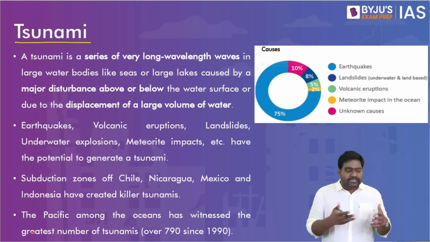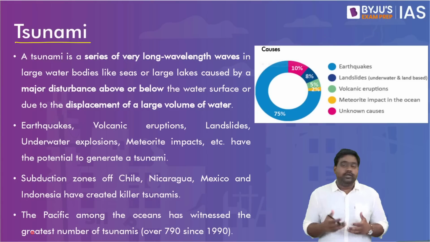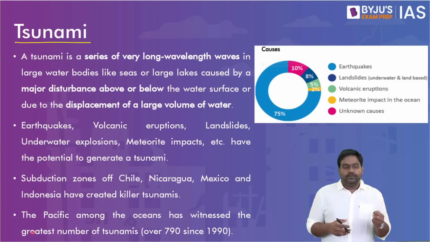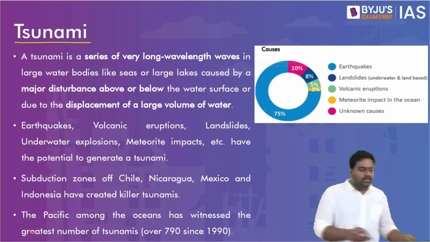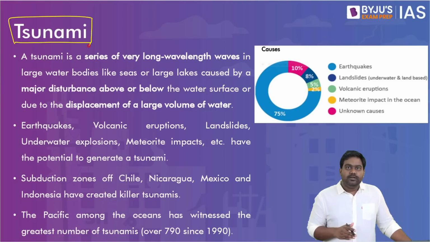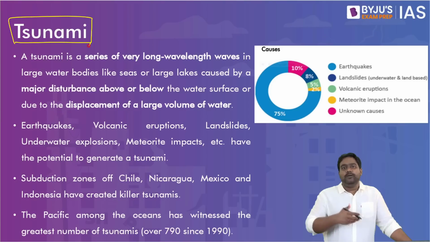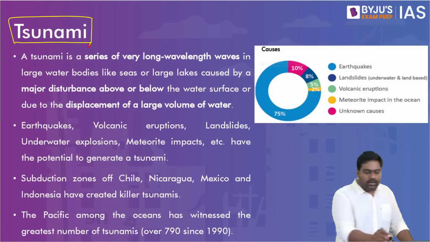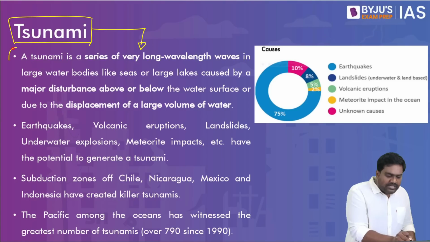So you might think it's a hydrological phenomenon, but it's not, because the primary trigger for a tsunami wave to occur is either an earthquake or a volcano and a few other reasons. So tsunami is classified as a geophysical hazard because it is caused by the geophysical movement which is happening inside the earth. All right. So how do you define a tsunami?